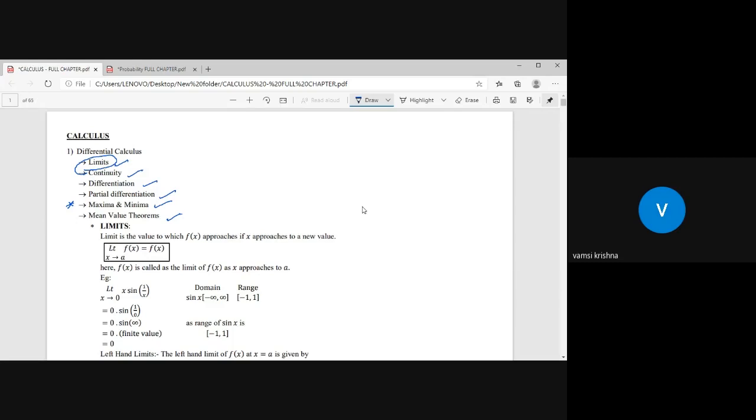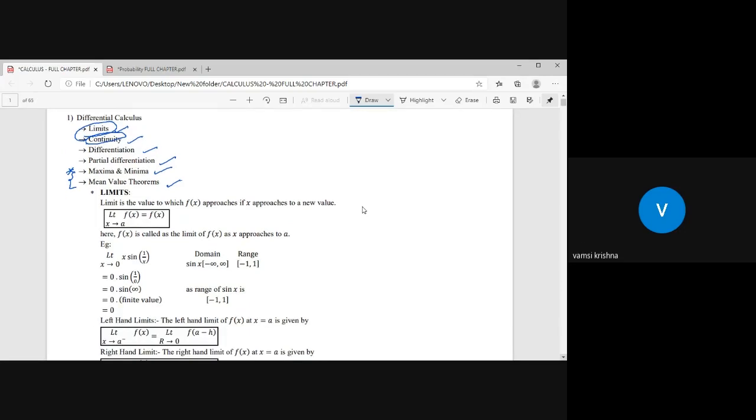Next, they can ask maxima and minima, and also a question from mean value theorems. So in limits and continuity, the basic concepts, you need to focus more. And after that, the final level concepts like maxima, minima, and mean value theorem, you need to focus more.